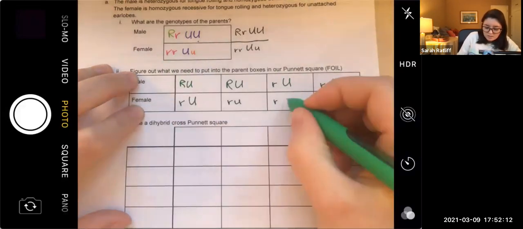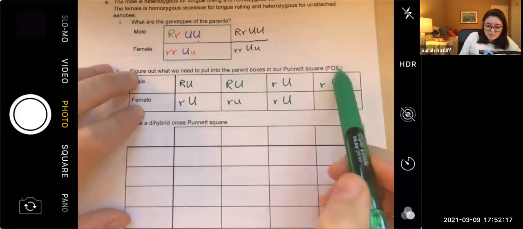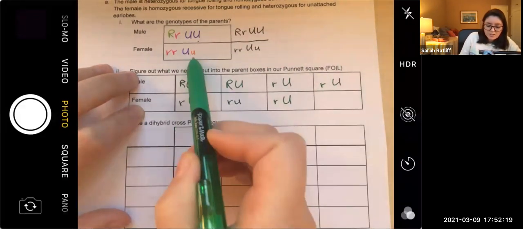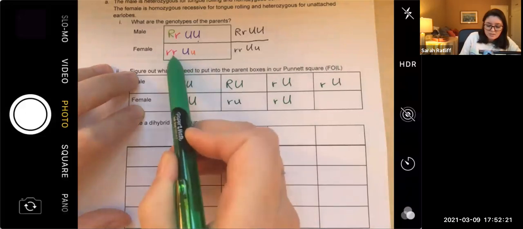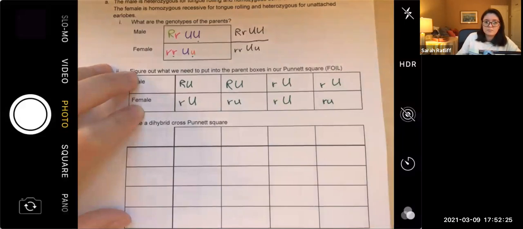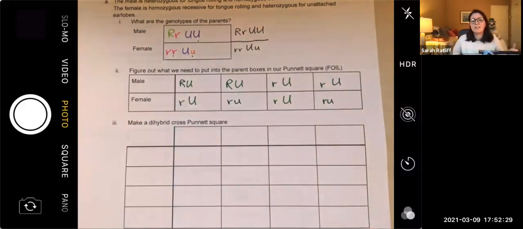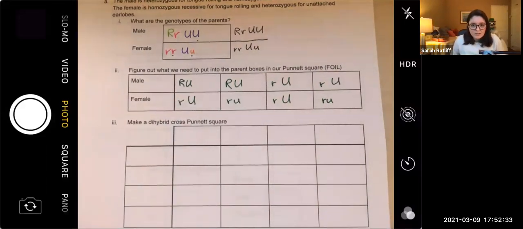Little r, big U. And last, what are the last two letters of each of our different traits? One here is a little r, the other one is a little u. I tried to exaggerate the big and little because my U's look exactly the same except for their size. Now we FOILed. That's the hardest part in my opinion.